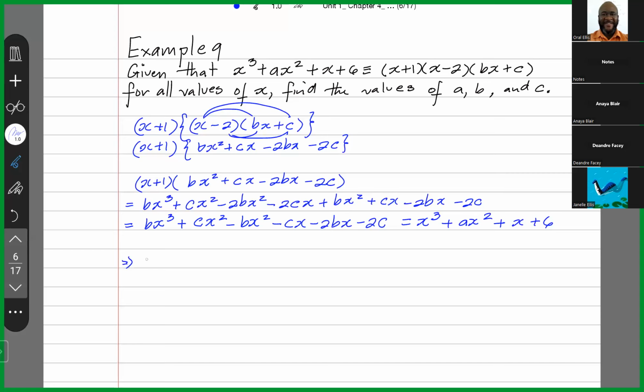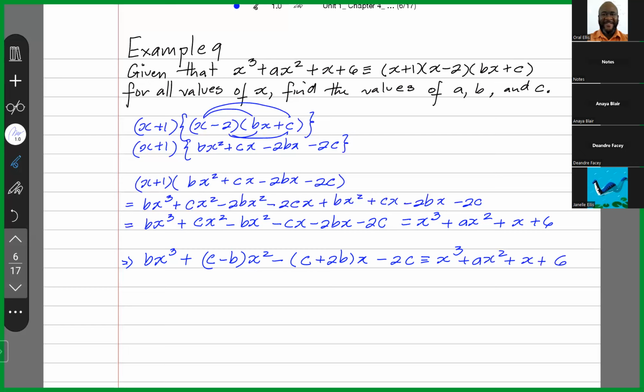We have bx cubed plus, factor out the x squared, (c minus b)x squared, minus (c plus 2b)x, minus 2c is equal to x cubed plus ax squared plus x plus 6.